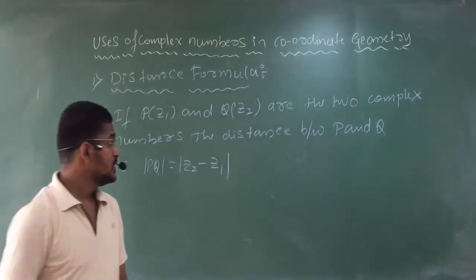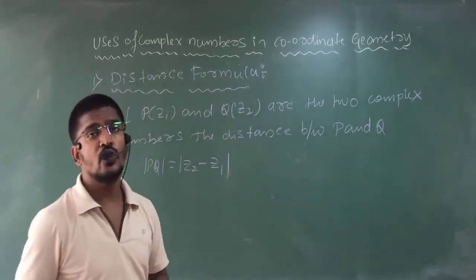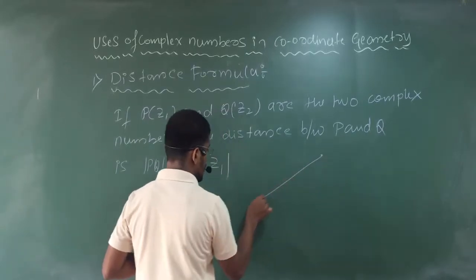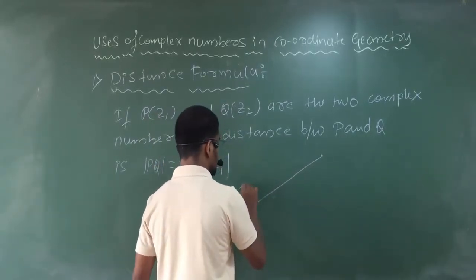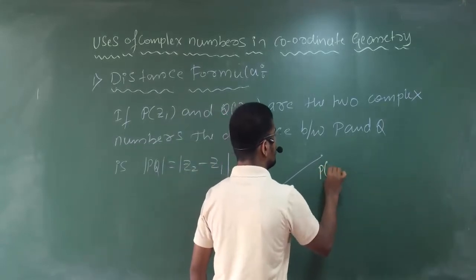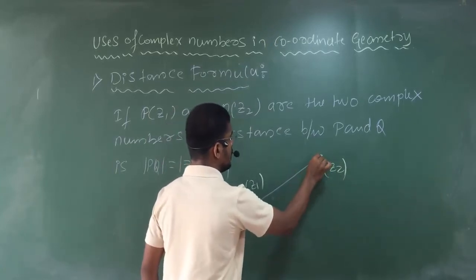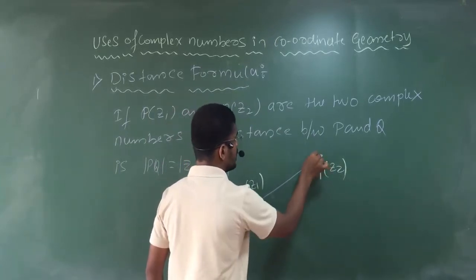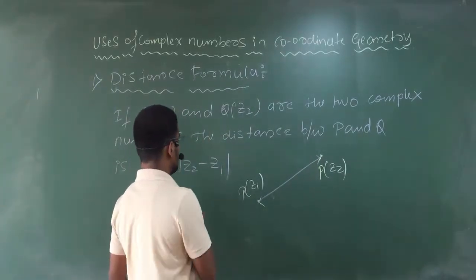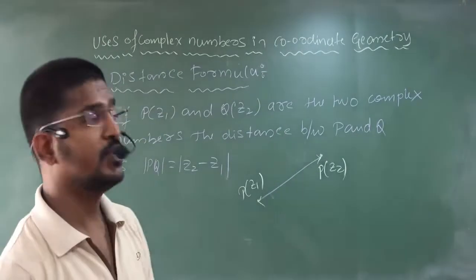Clear, students? That means if P of Z1 and Q of Z2 are the 2 points in the complex plane, the distance between P of Z1 and Q of Z2 is given by mod of Z2 minus Z1.